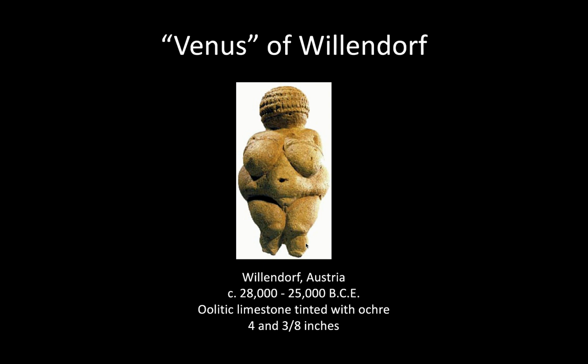And why is that? Well, we know that because her reproductive organs, her reproductive areas, are very much accentuated. That's made very clear. Why would we need to do that? Remember that we're at a time period where literally you could be eaten by a saber-toothed tiger. You could be destroyed by a mammoth.